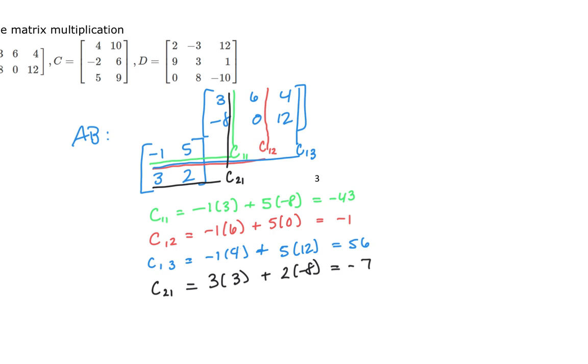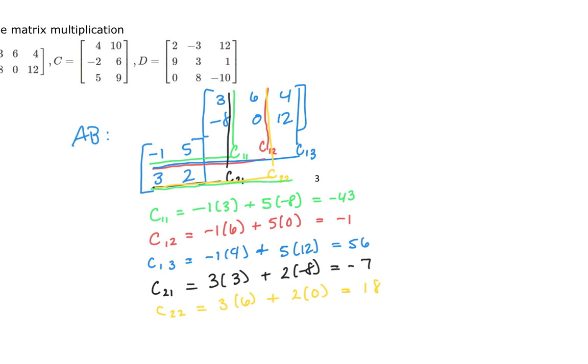Now I'm going to do the 3 and 2 and multiply it by the 6 and 0. So C22 is 3 multiplied by the 6 plus the 2 multiplied by the 0, which is going to give me 18.